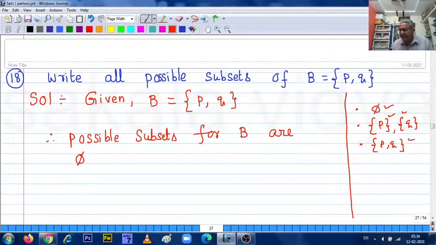Null set is a subset for every set, phi. One element sets P, Q also. Same set, that is P, Q. So these are the possible subsets. If two elements are there, then there exist four subsets. In that, phi is one of the sets, and the same set also.